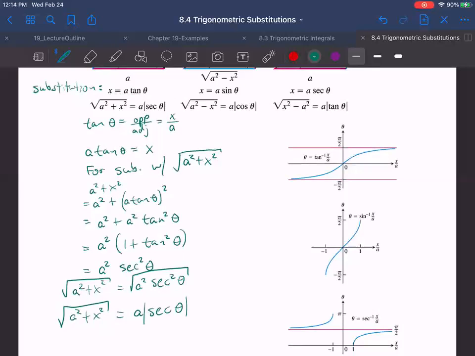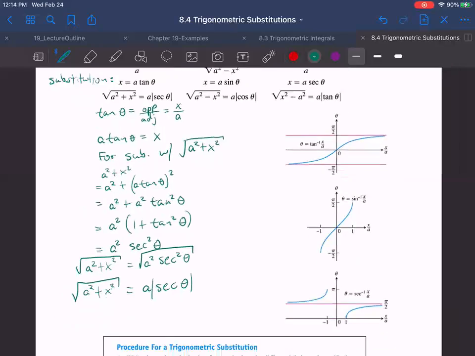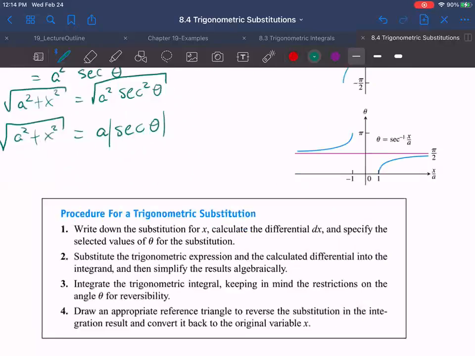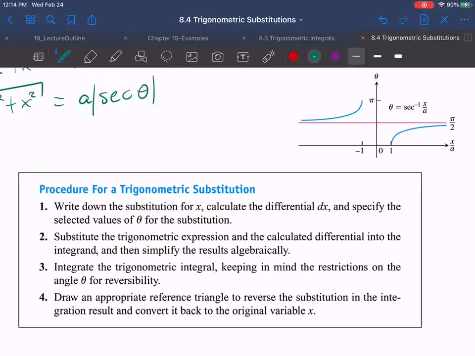Okay, so how do we use this? What do we do with this? First, you're going to write down the substitution for x, calculate the differential dx, and specify the selected values of theta for the substitution. So we might have to limit this to a certain range of thetas.